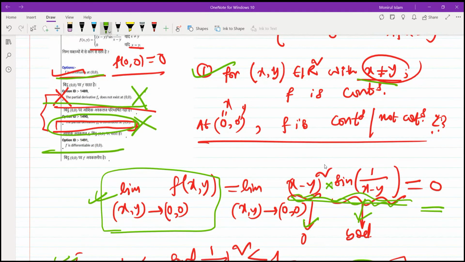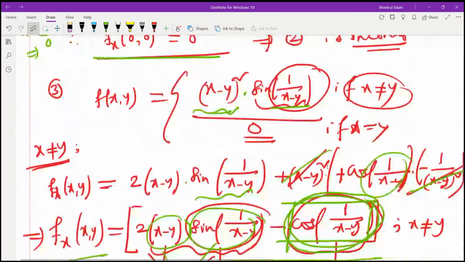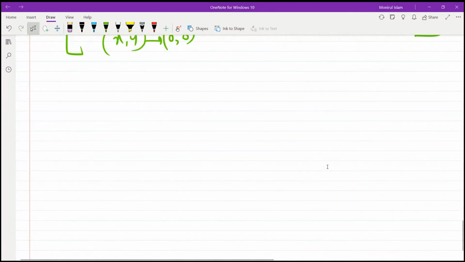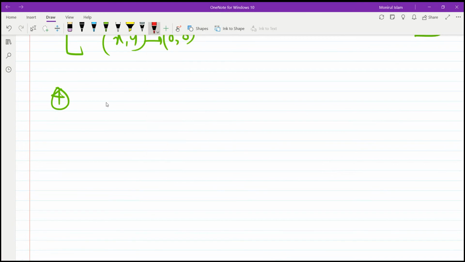Now the fourth one, f is differentiable. So for differentiability, you have to know the concept. Okay, I'm writing that. What is that concept? The function is differentiable at (0, 0). So if it is a function from R^2 to R, this function is differentiable at point (a, b).